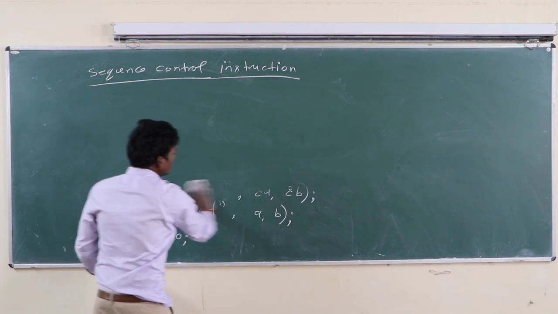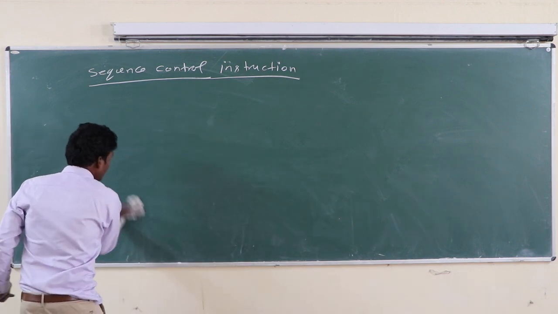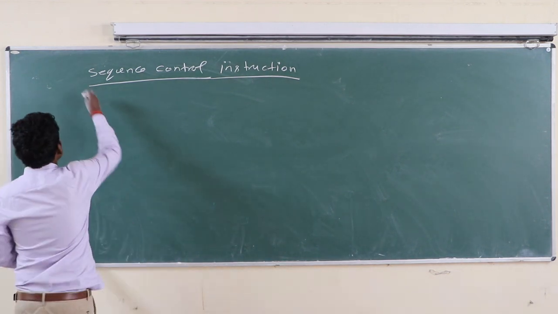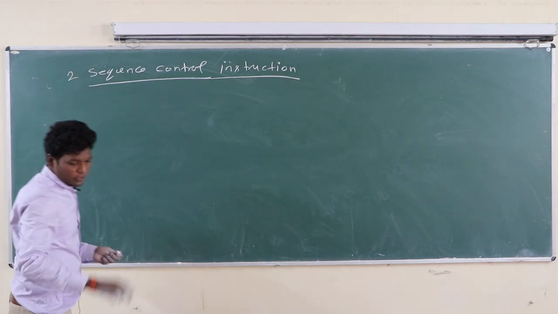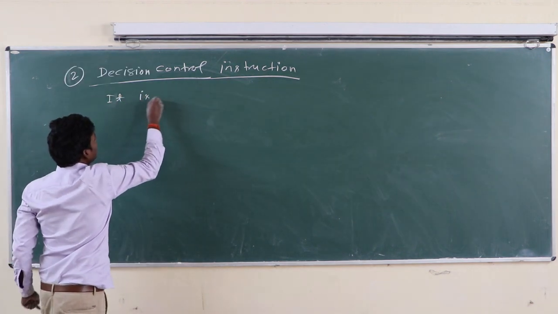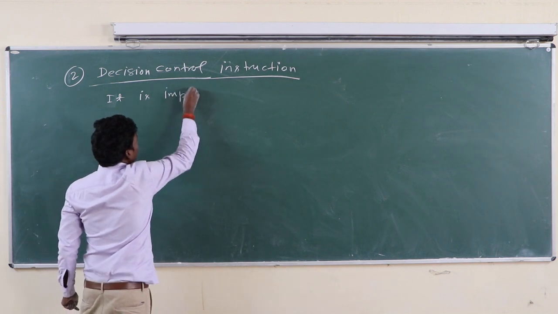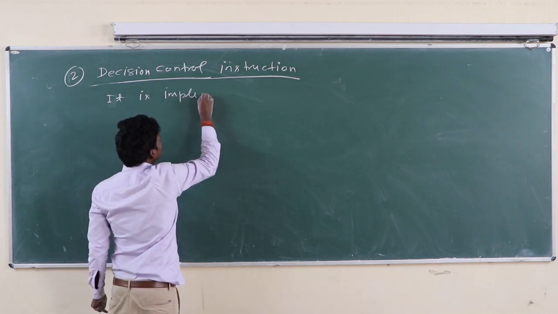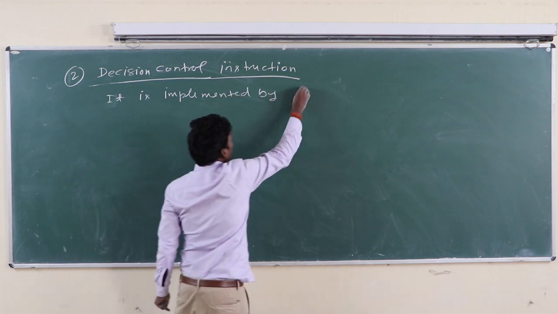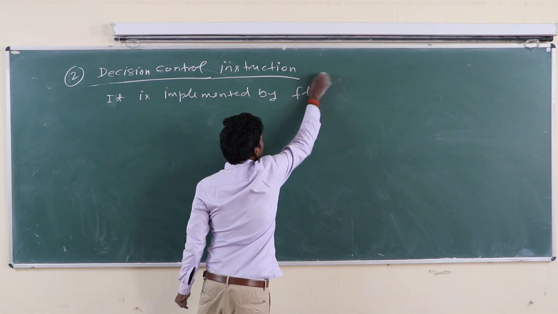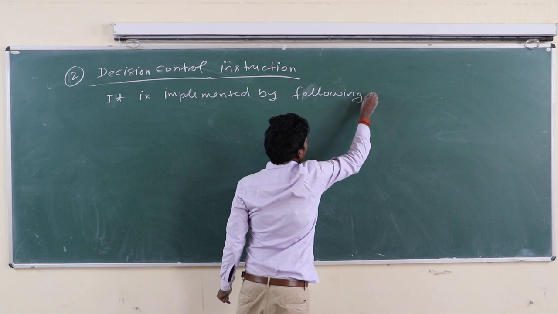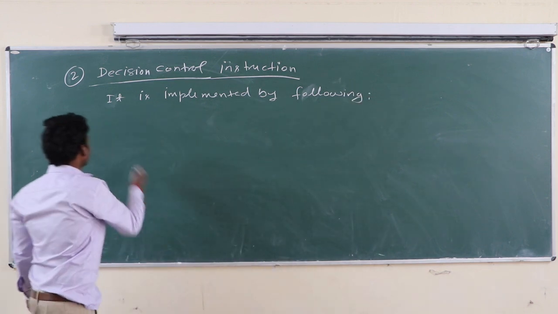In decision control instruction, we decide which section of code we have to execute. The second one is decision control. It is implemented by the following.